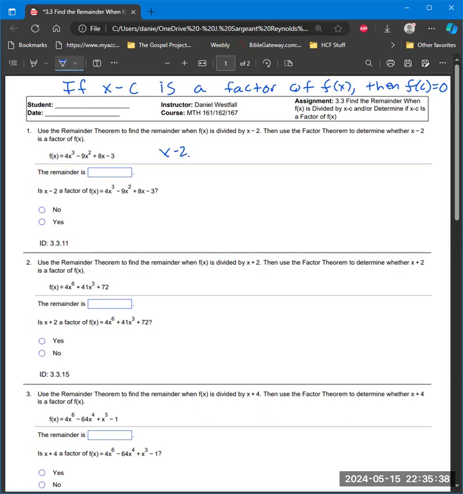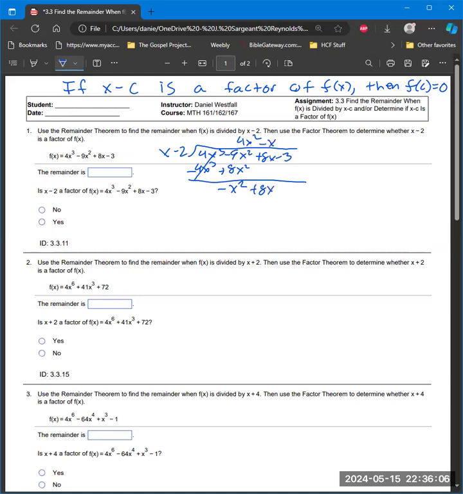X minus 2 into 4x to the third minus 9x squared plus 8x minus 3. 4x cubed divided by x is 4x squared. It's 4x cubed minus 8x squared. I'm going to change my signs and add. It's negative x squared plus 8x.